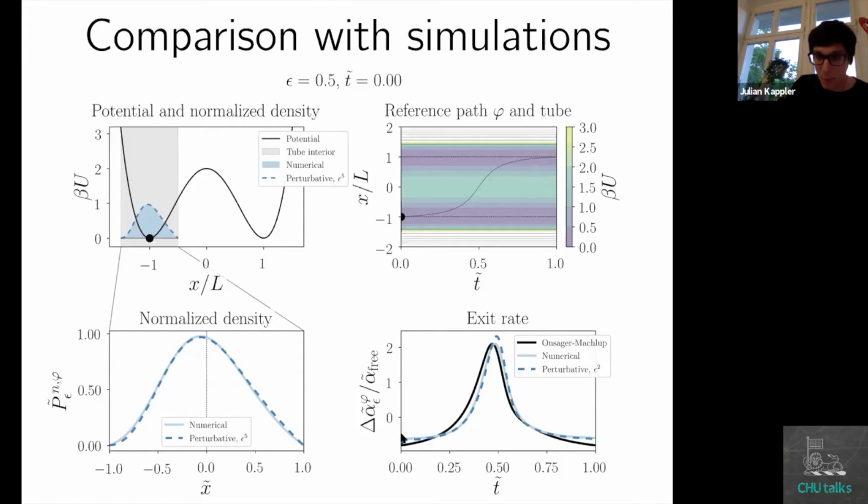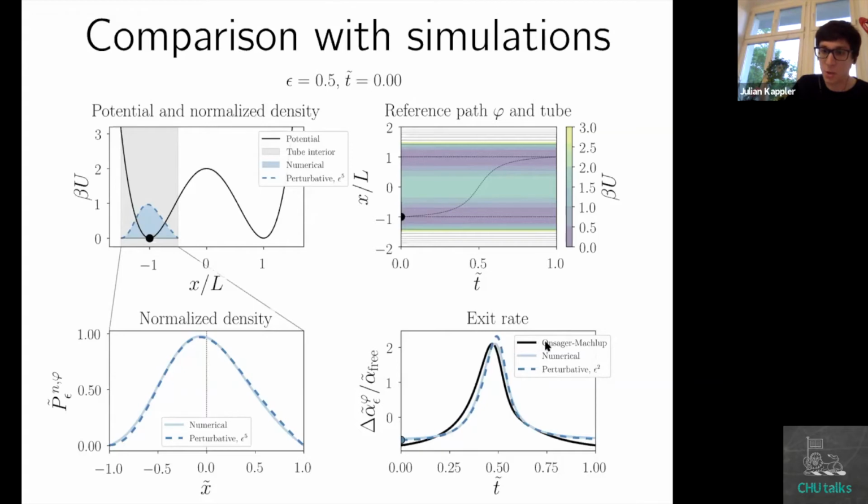And basically what we find is this blue dashed line is the exit rate that we calculate analytically. Then we have numerical simulations of this dynamics, where we can simulate the probability to stay inside the tube, and it's numerically exact. And we find that this is here the light blue line, and it agrees very well with our perturbative analytical results, except for here there's some deviations.